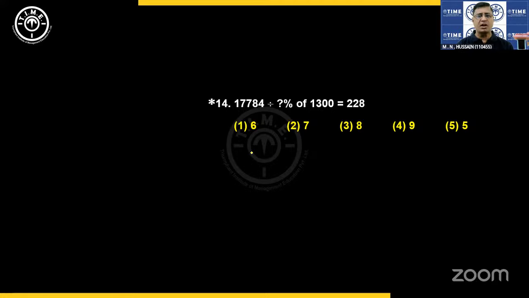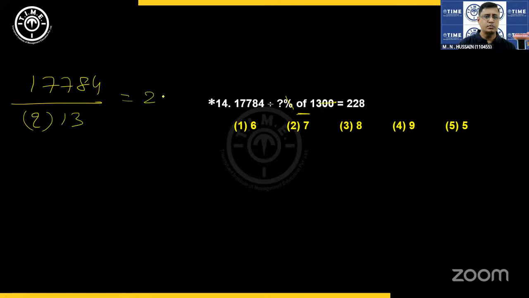17784 divided by question mark of 1300 equal to 228. First priority goes to of, percentage and 0 get cancelled. Now the simplification: 17784 divided by question mark into 13 is equal to 228. 13 square, 169. 13 into 13, 169. 177 minus 169 means how much here? Left with 8, 88. 88 means 6 times. 10, 104, 8 times.